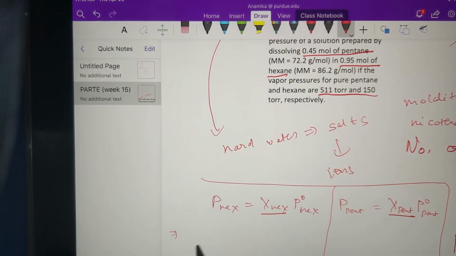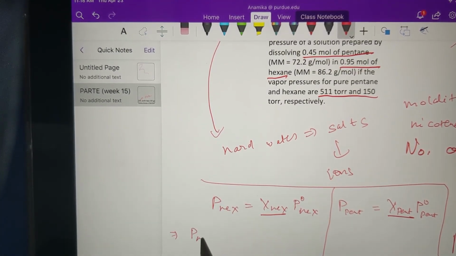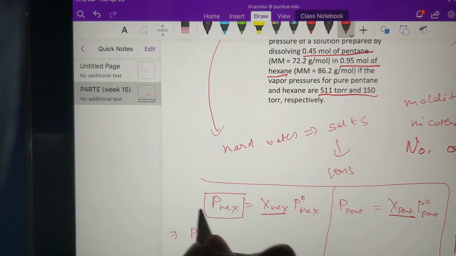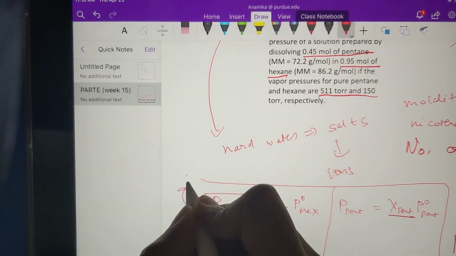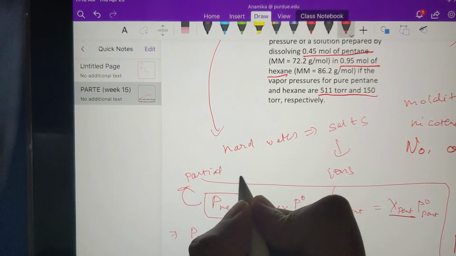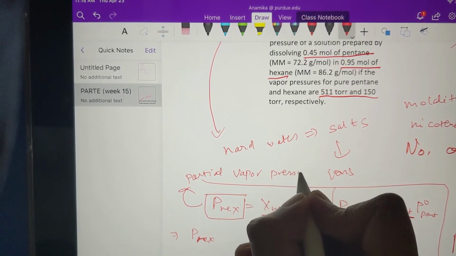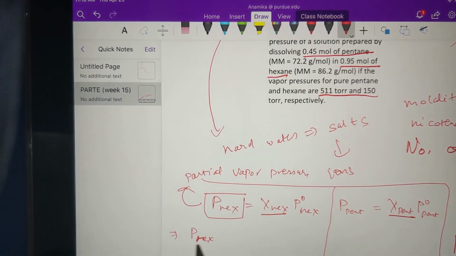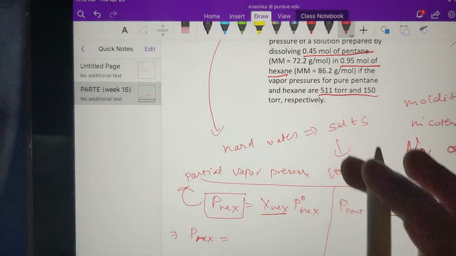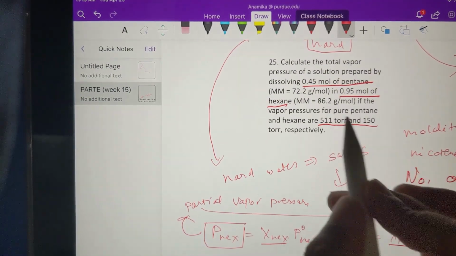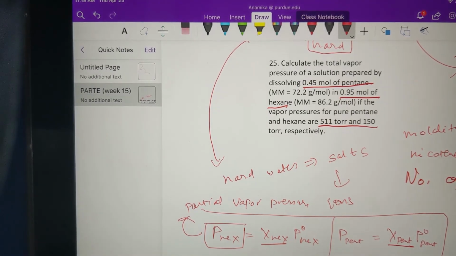So let's do it. So the vapor pressure of hexane, so remember this is the partial pressure, partial vapor pressure. Okay, so the partial vapor pressure of hexane is going to be the mole fraction of hexane. So the mole fraction of hexane is the number of moles of hexane, which is 0.95 divided by the total number of moles.